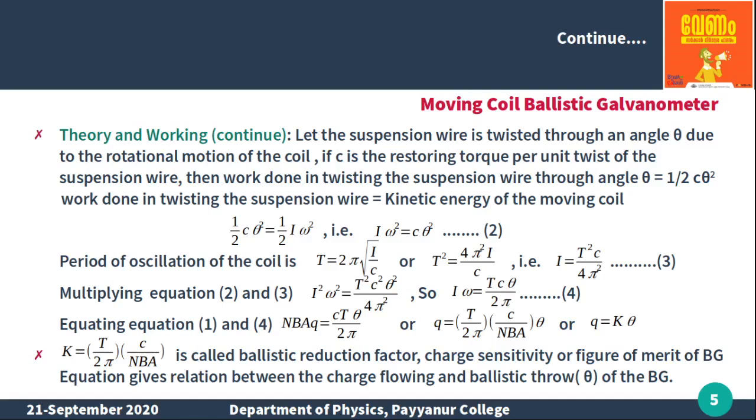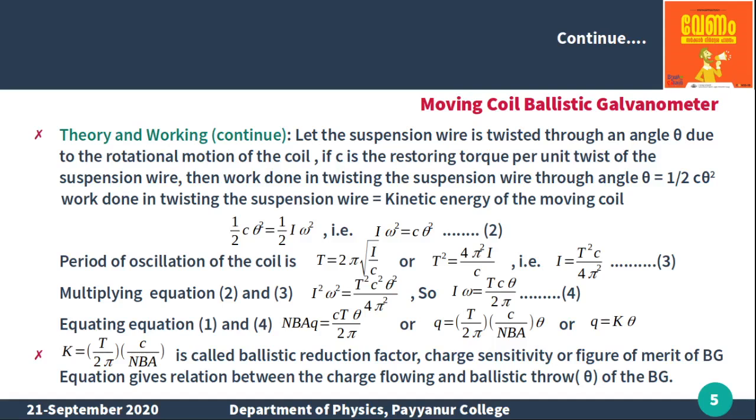That work is the integral from 0 to theta of C theta d theta, since C is the restoring torque per unit twist and you are rotating it through an angle theta.